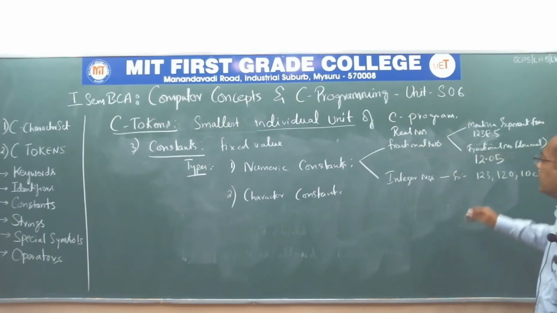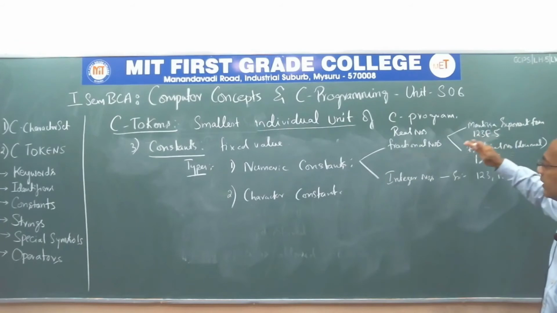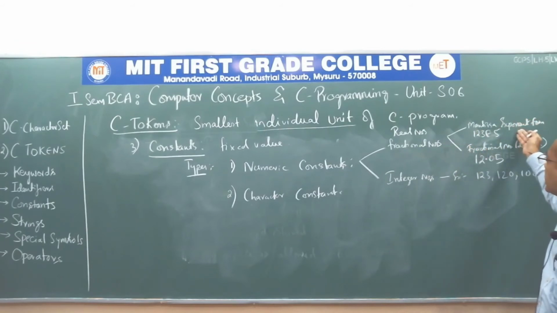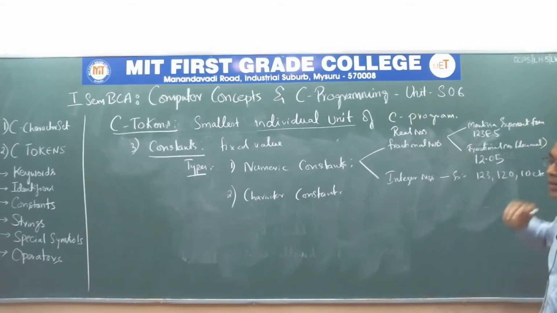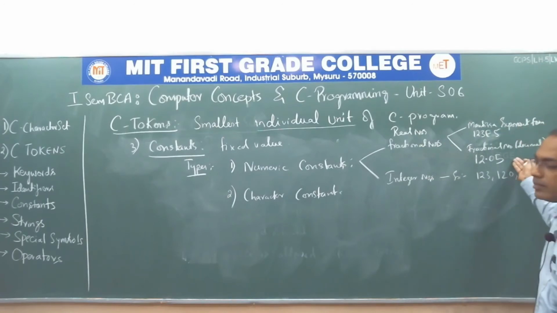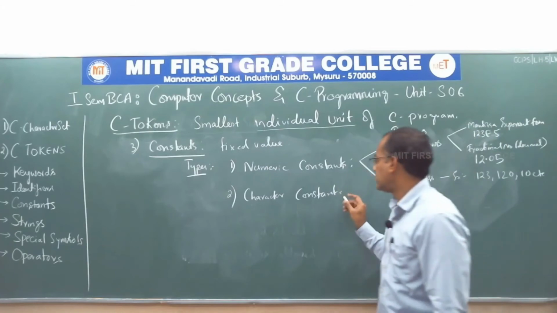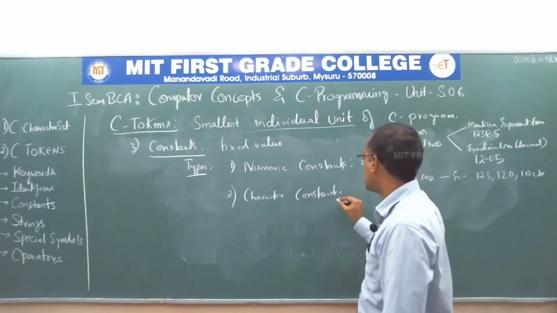So these are the examples of fractional or real number constants. One is mantissa exponent form and another is real form, that is decimal notation. So this is what the numeric constant is all about.